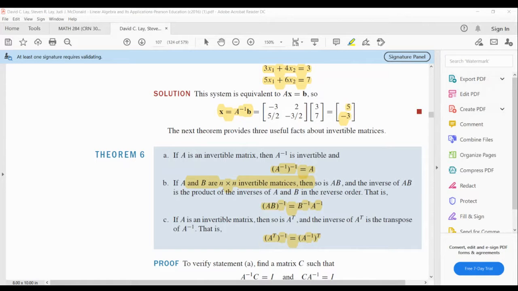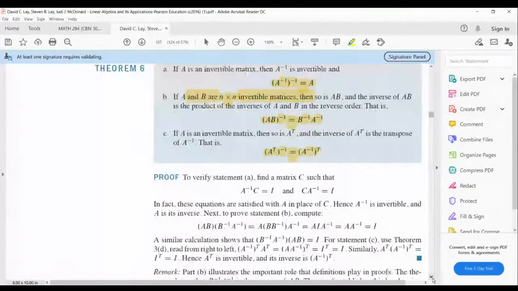We need some algorithm to do that, right? Well, there is an algorithm for finding the inverse of a matrix, and you can use this algorithm for a matrix of any size.